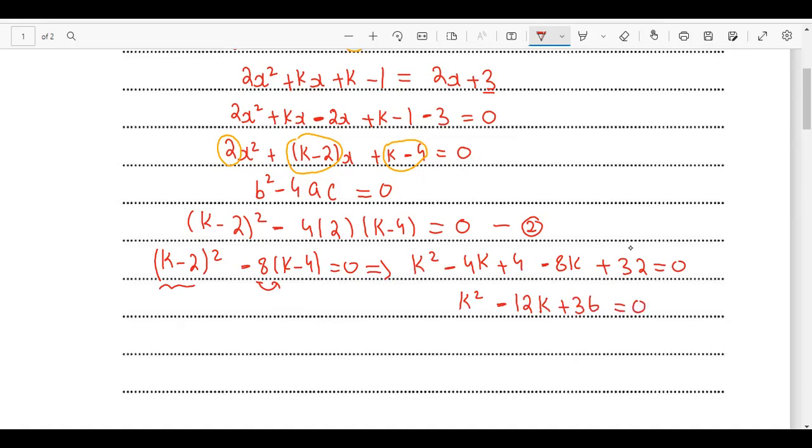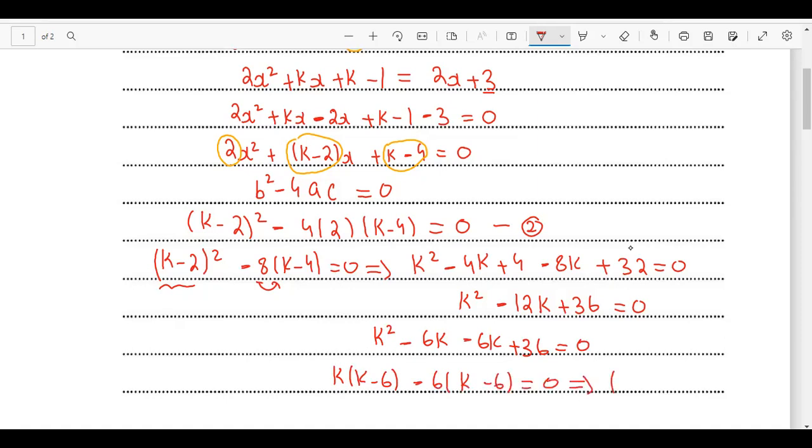So this is a quadratic equation. Now you just need to factorize it. The two factors are very obvious: 6 and 6. When you multiply 6 and 6, it gives you 36, and when you add them, it gives you minus 12. So I can write it as k squared minus 6k minus 6k plus 36 equals 0, and then I can take k common. So k minus 6, then minus 6, and then k minus 6 equals 0.